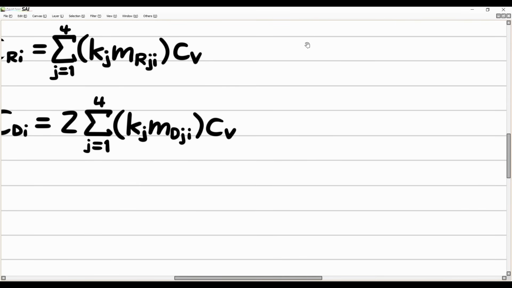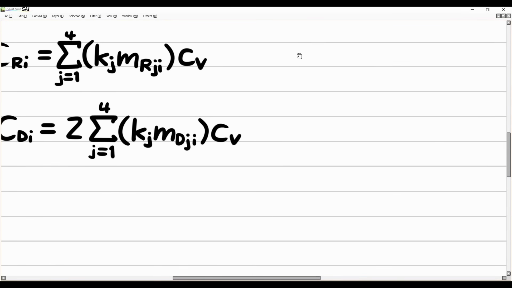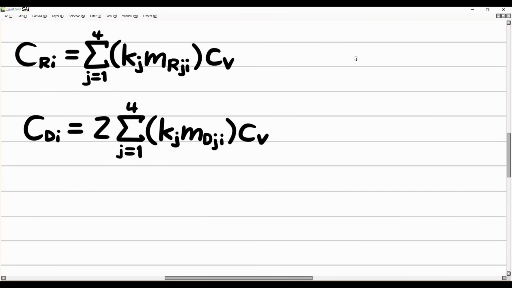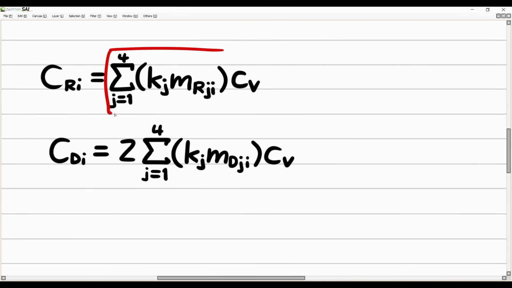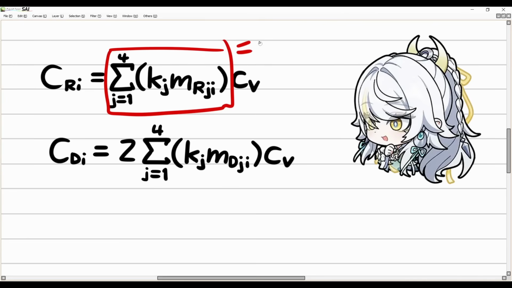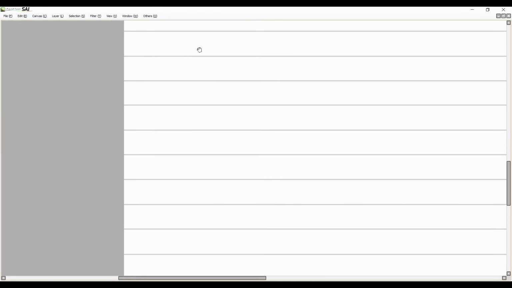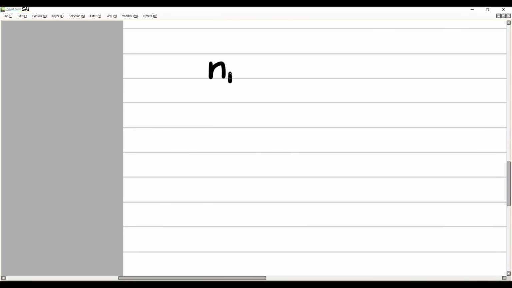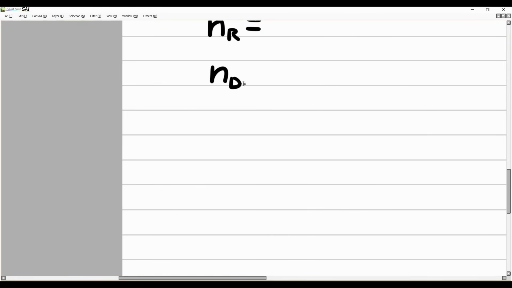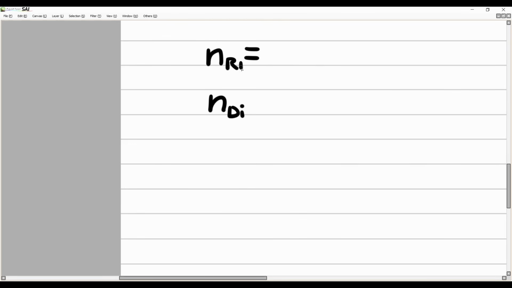These equations should look a little bit familiar, don't they? This quantity right there is equal to NR. So we have now figured out what NR and NDI are.